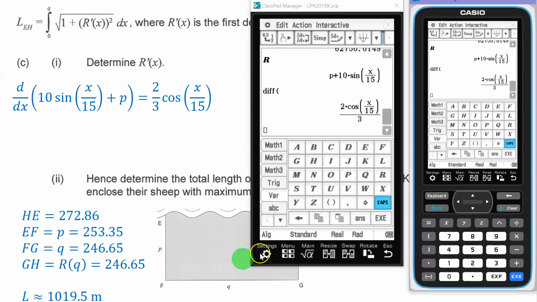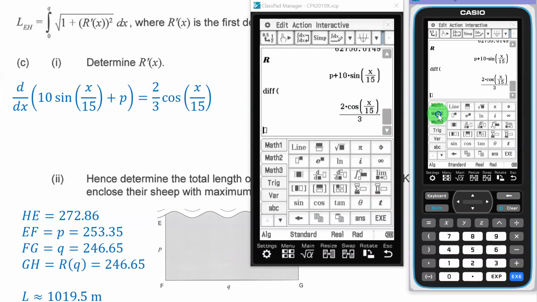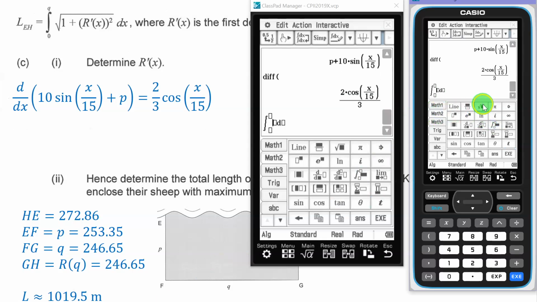Here we go. So on to Math 2, we want the integral template, and then we need the square root of 1 plus. And because this is on the next line, I'll just use the answer squared.